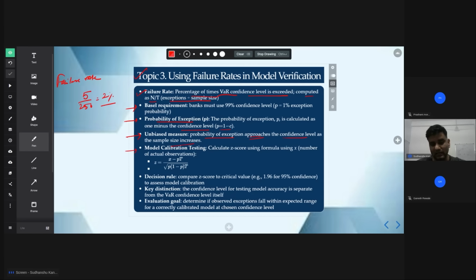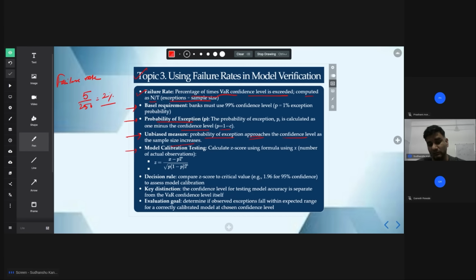So the whole idea here is to statistically test if the observed number of exceptions is acceptable or not, right? You calculate the Z score using the formula, where x is the number of observations, and the formula is Z = (x - pT) / sqrt(p(1 - p)T), right?